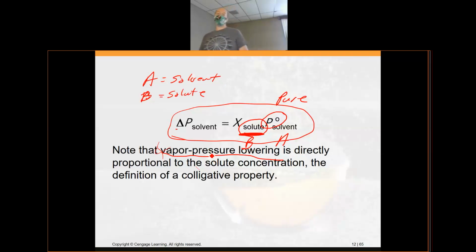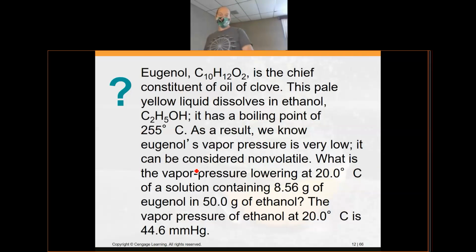All right, so a lot of times they don't write the whole word. They'll write A and B. They can't put S and S because they both start with S. All right, so A is the solvent and B is the solute. All right, so here is a question.